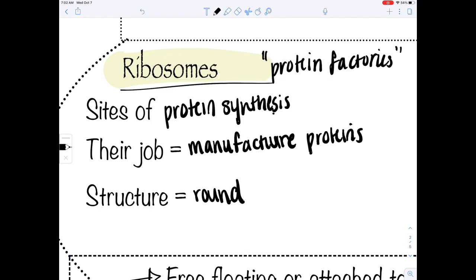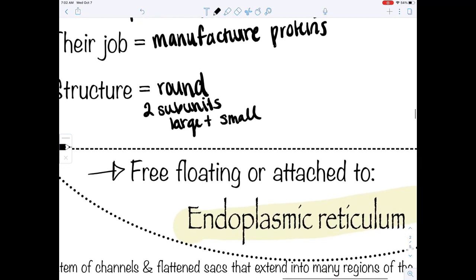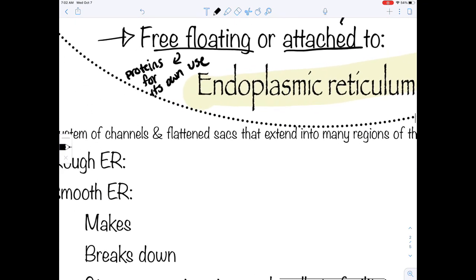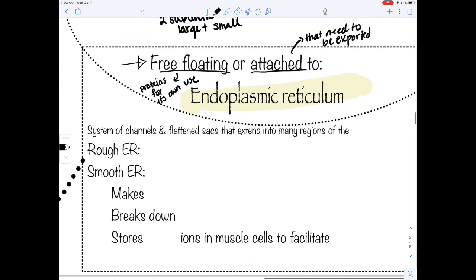Now, ribosomes are found either free-floating or attached to the endoplasmic reticulum. Our free-floating ribosomes are the ones that are manufacturing proteins that are going to be used by that cell, whereas our ribosomes that are attached to the endoplasmic reticulum are manufacturing proteins that need to be exported out of the cell.